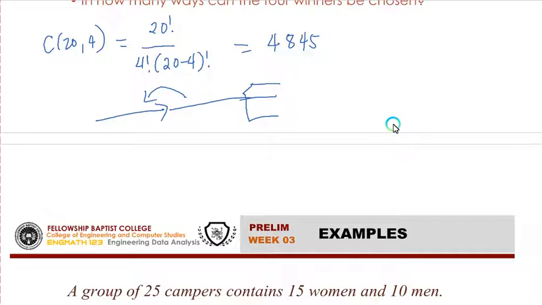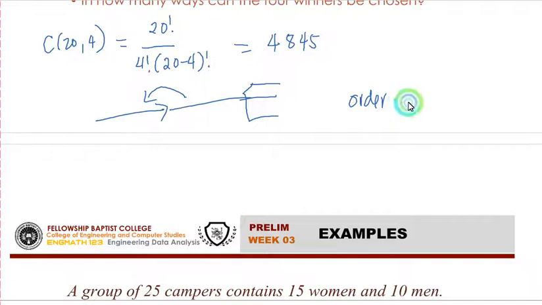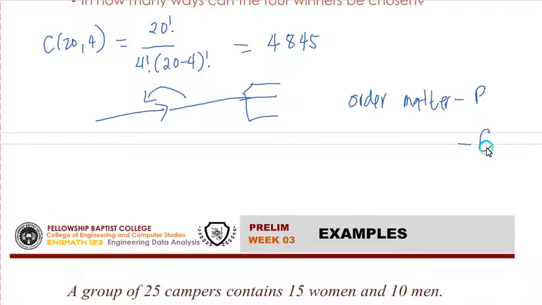So we need to ask, does the order in which we pick the objects matter? If the order matters, if we need to specify the order, like who is president, vice president, who is first, who is second, then we use permutation. If the order does not matter, then you use combination. So that is the deciding factor on whether we solve using the basic principle of counting, permutations, or combinations.